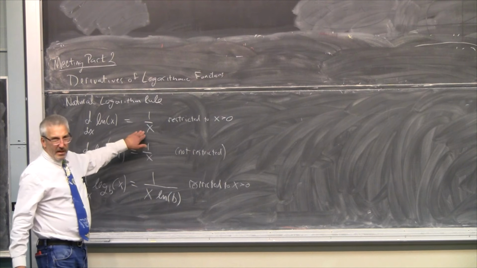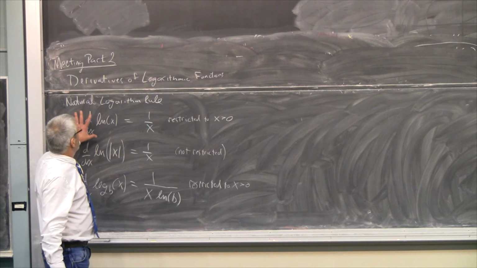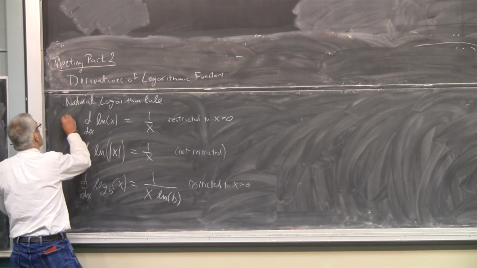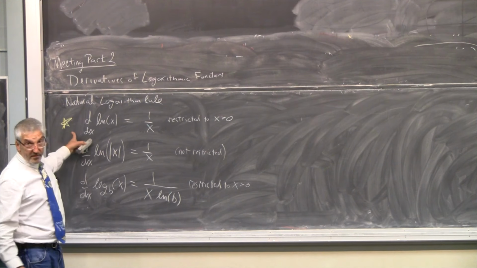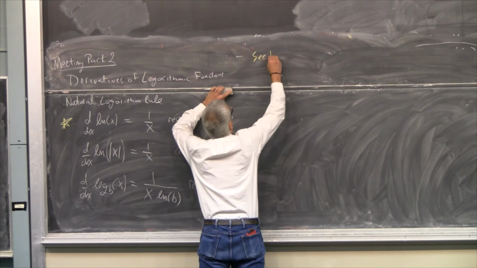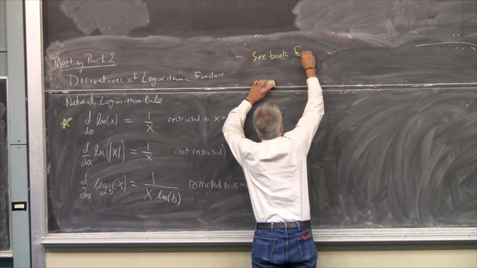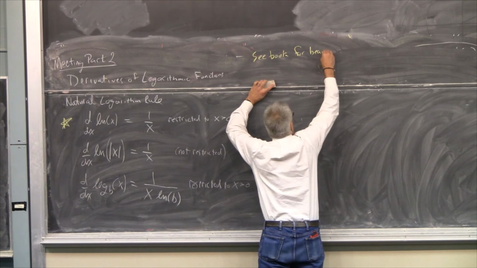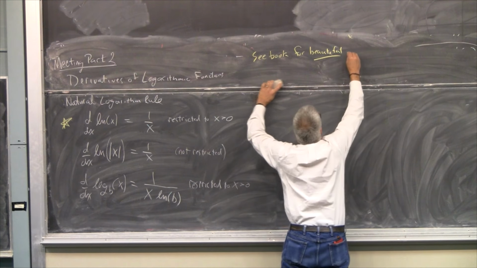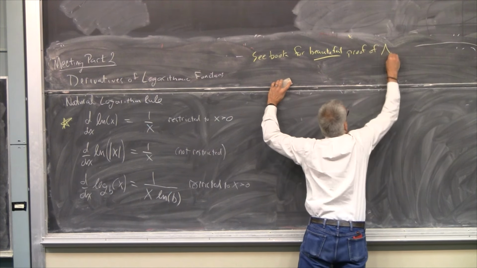So I'm going to get to what this means in a minute. I'll tell you that the proof of this is beautiful. It's in the book. So I'm going to say, see the book for beautiful proof of star.